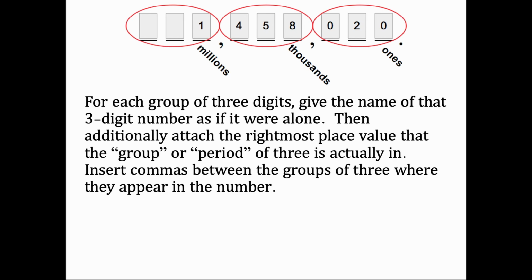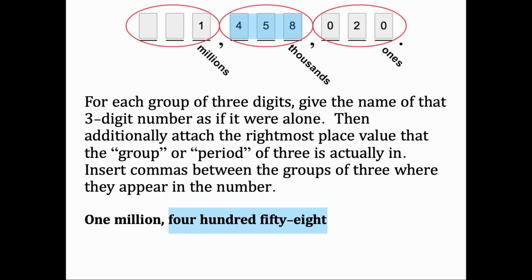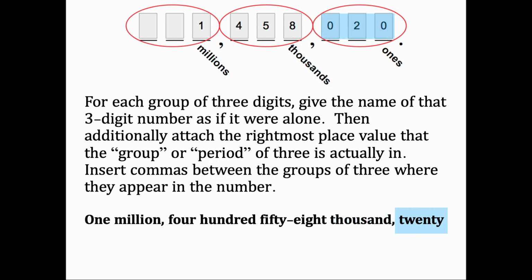This number would be written as 1 million, comma, 458 thousand, comma, 20. And we don't have to specify the ones place value. We can leave that off.